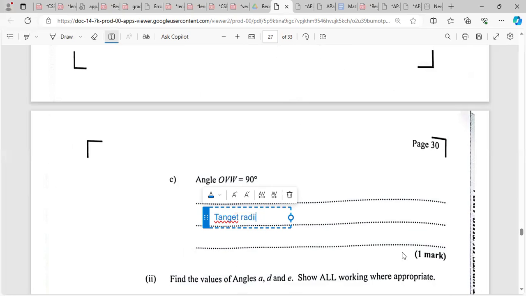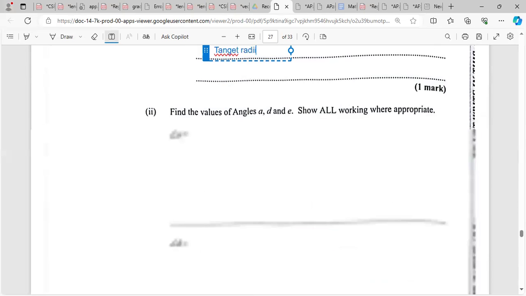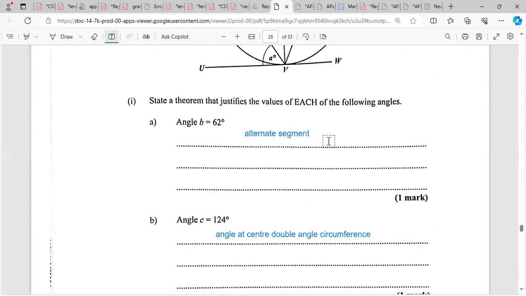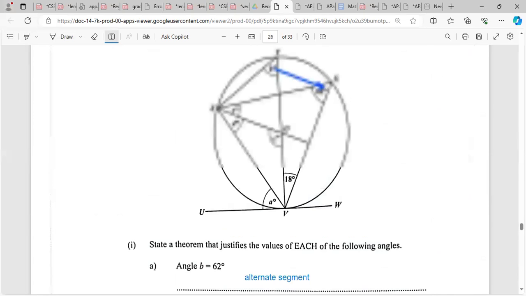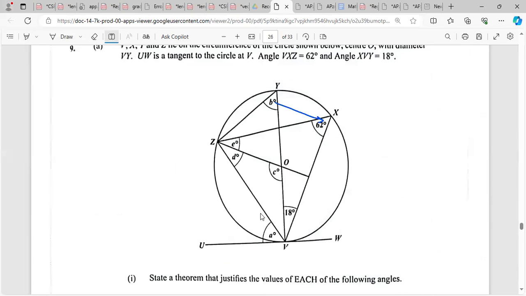Yes, make it specific. Alright, it says find the value of angle ADE where appropriate. So find angle A first, which is this here, right? So now to find this, this is 124. We know that this is isosceles, so this is equal to D, right?